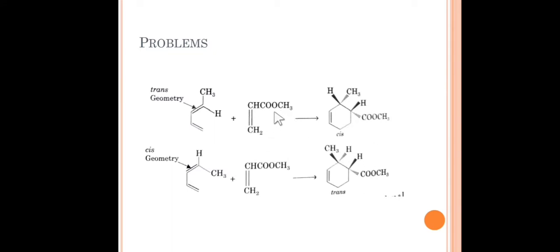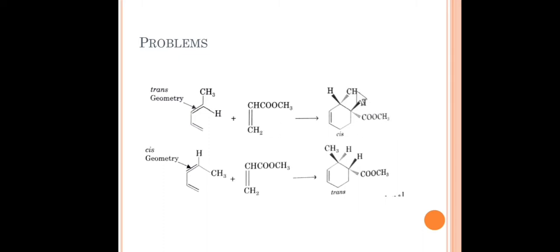This COCH3 will always go below the plane, doesn't matter what type of geometry the diene bears. So this diene has trans geometry for this double bond, so the outside group will go down, and this COCH3 will also go down because it's the electron withdrawing group from the dienophile.